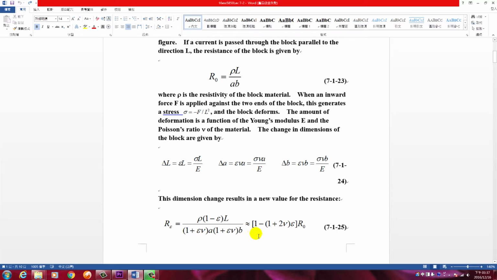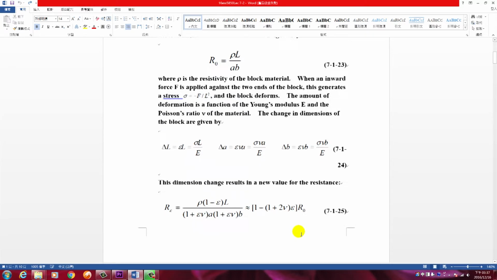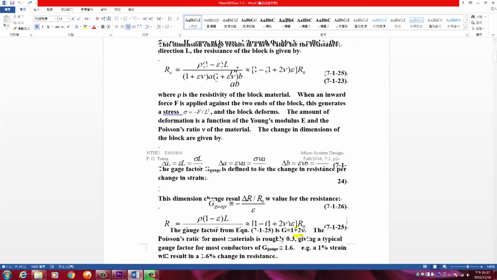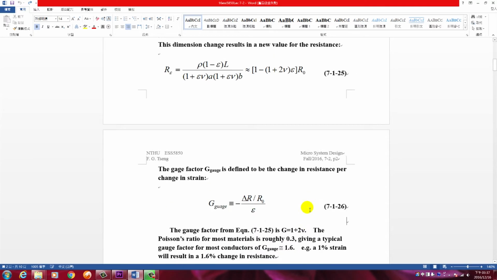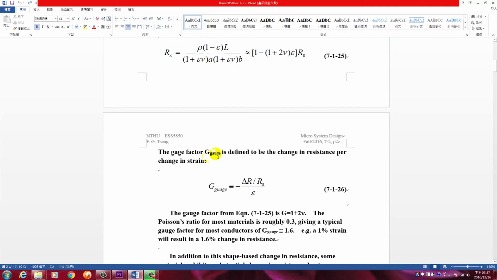Finally, because these equations are very complex, we can use linear expansion to make it simpler, taking the first two terms. You can find these final results like this. And if you replace this by a gauge factor, the gauge factor means how much the resistance changes for a given strain, the ratio between them.